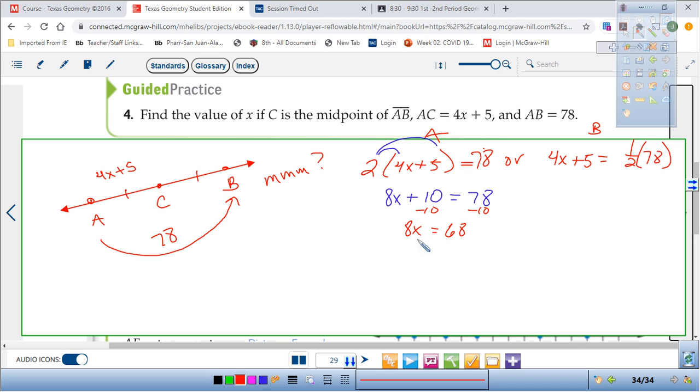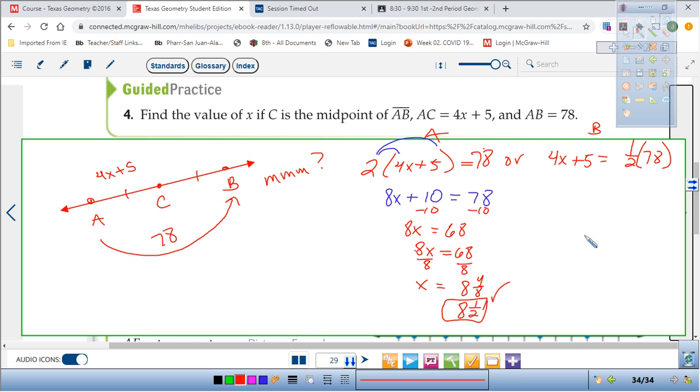Great. So then we have 8x equals 68. Divide by 8, divide by 8. X is equal to 8.5.